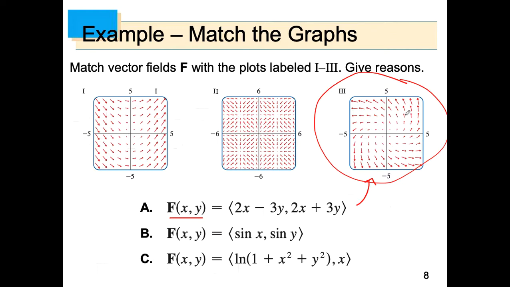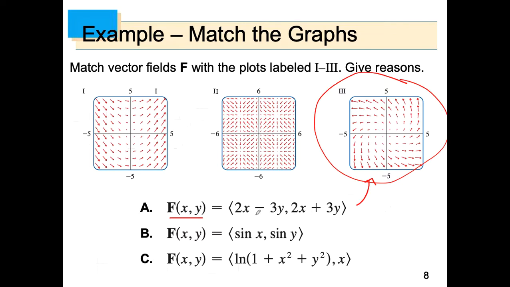Just think through this logically. As we move to the right, notice how the vectors just seem to be getting bigger. It's the same thing as we move up: the vectors seem to be getting bigger. In fact, both the x and y components are getting larger as we move up and to the right, as far as magnitude is concerned.